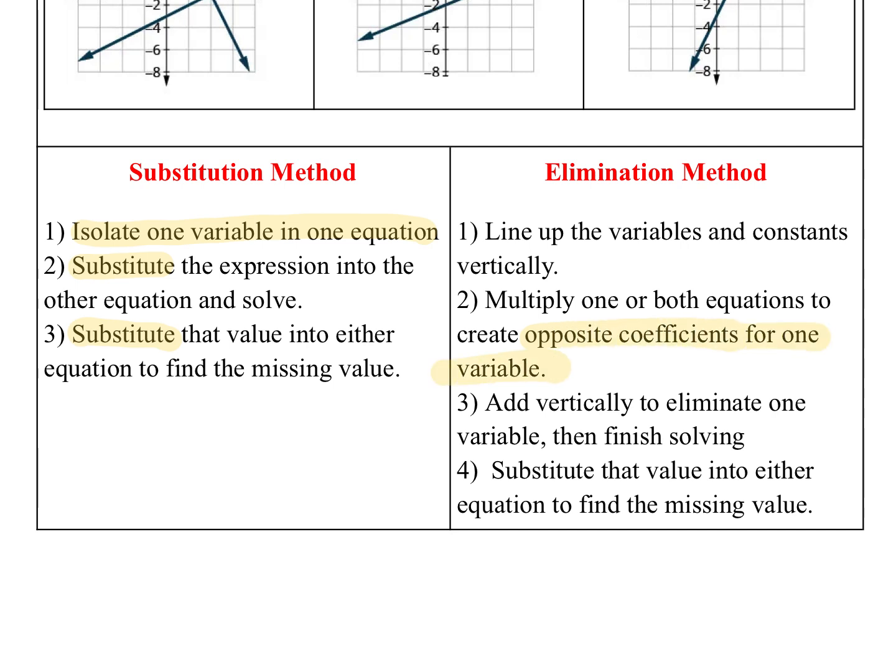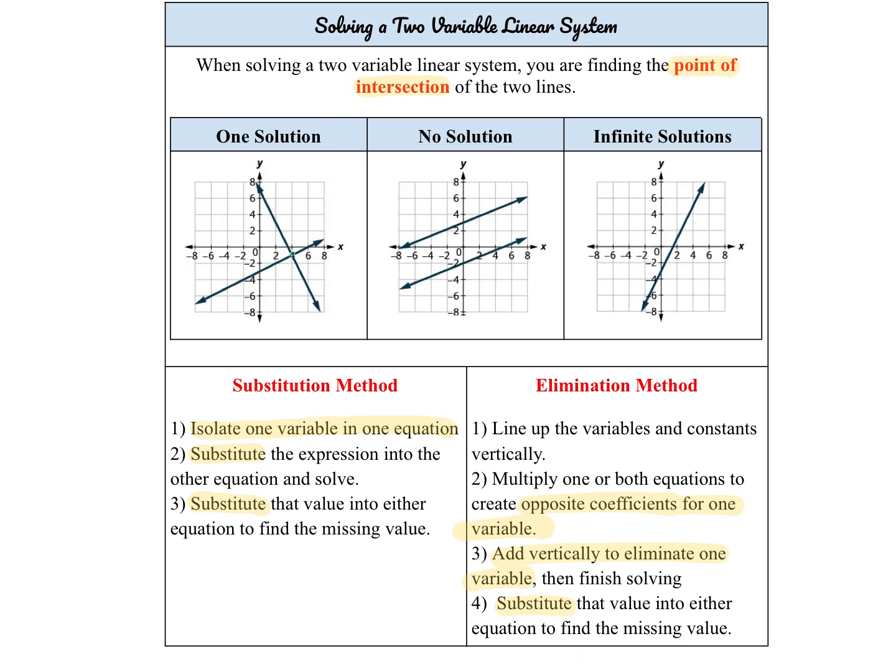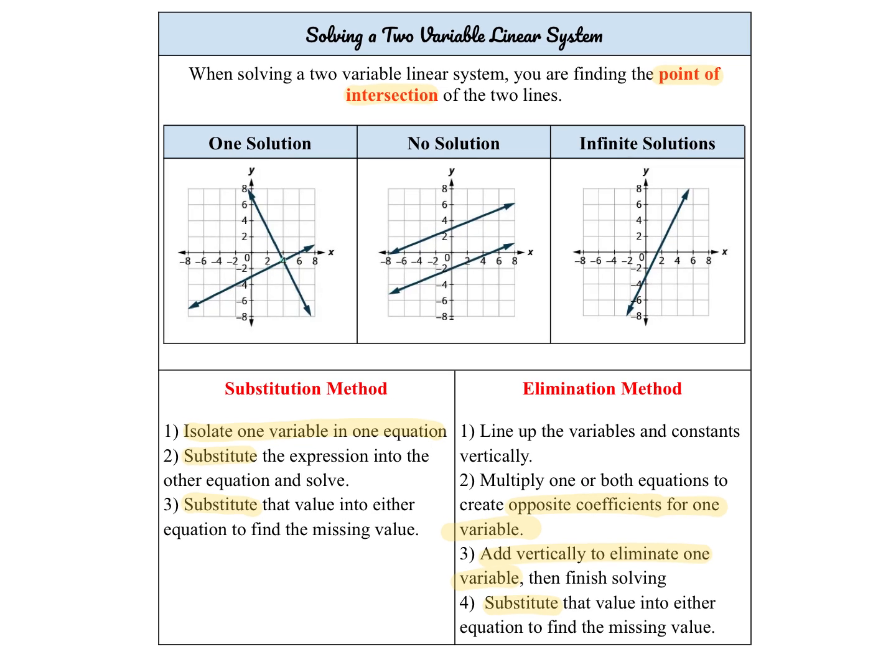So we would like to see maybe positive 5x and negative 5x, or negative 2y and positive 2y. So when we add vertically, it eliminates one variable. So that's why we call it the elimination method. Then once we have one variable solved for, we could substitute to solve for the other. So we'll do a quick review of both methods here.